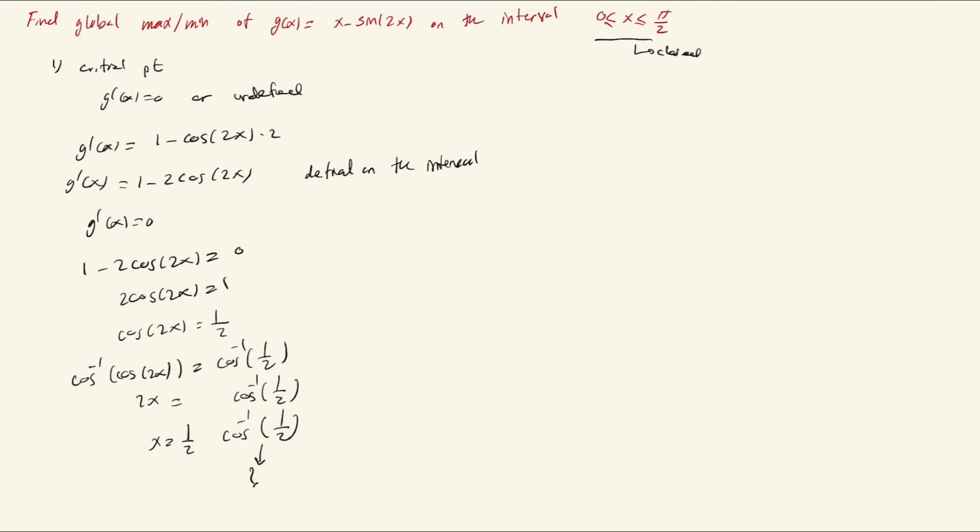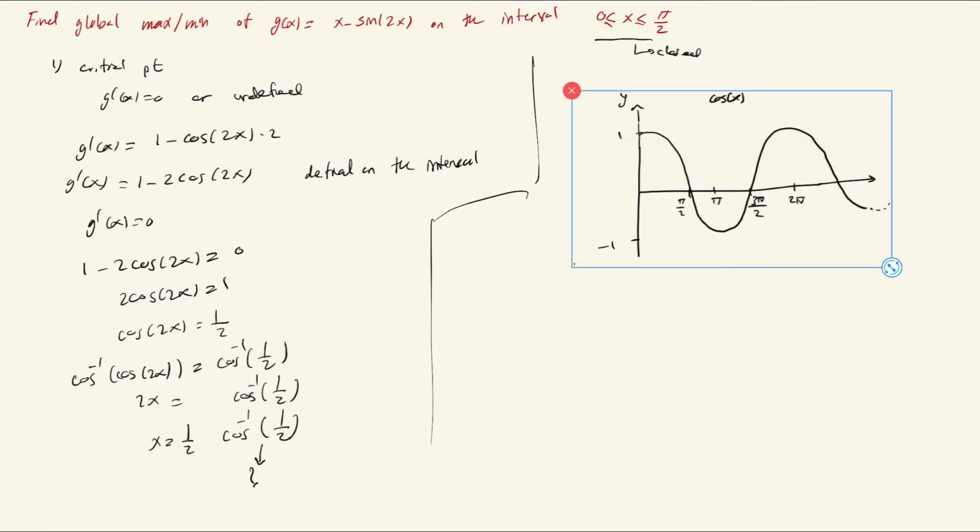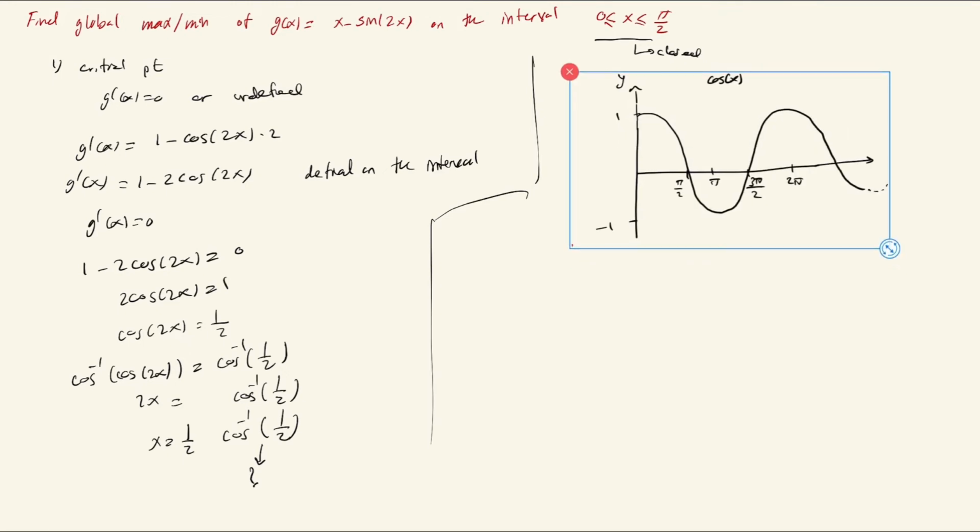Now notice what's the value of cosine inverse of half. So here, this is the graph of cosine. Notice this is half. Half is y, and for cosine inverse of half, we want to find the value of x, and that's going to happen periodically at y equal to half.